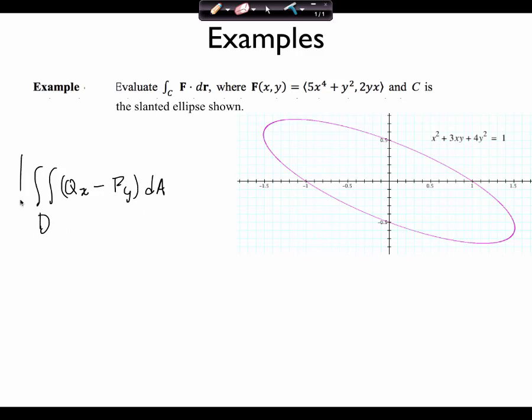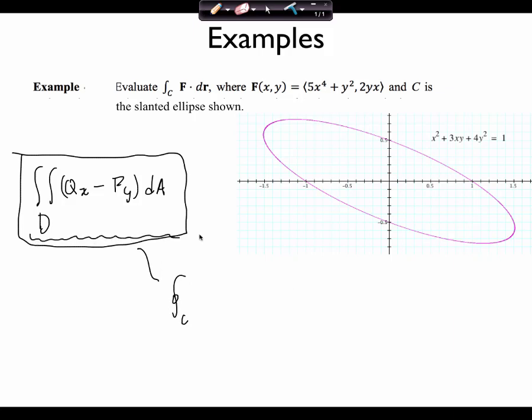If they say evaluate this, they're making it very obvious that they're talking about Green's theorem. So consider maybe the line integral, the circulation around the boundary, would be a lot easier. But that's something you have to come up with. It should be easy, right? This is so familiar and so obviously Green's theorem that if they say evaluate that, you're going to consider looking at the circulation integrals, whatever is easier to compute.